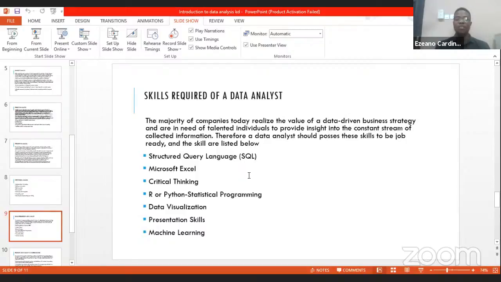And all of these skills could be categorized into technical and soft skills. One of the soft skills is you should be a critical thinker, and you have the skills of presentation.